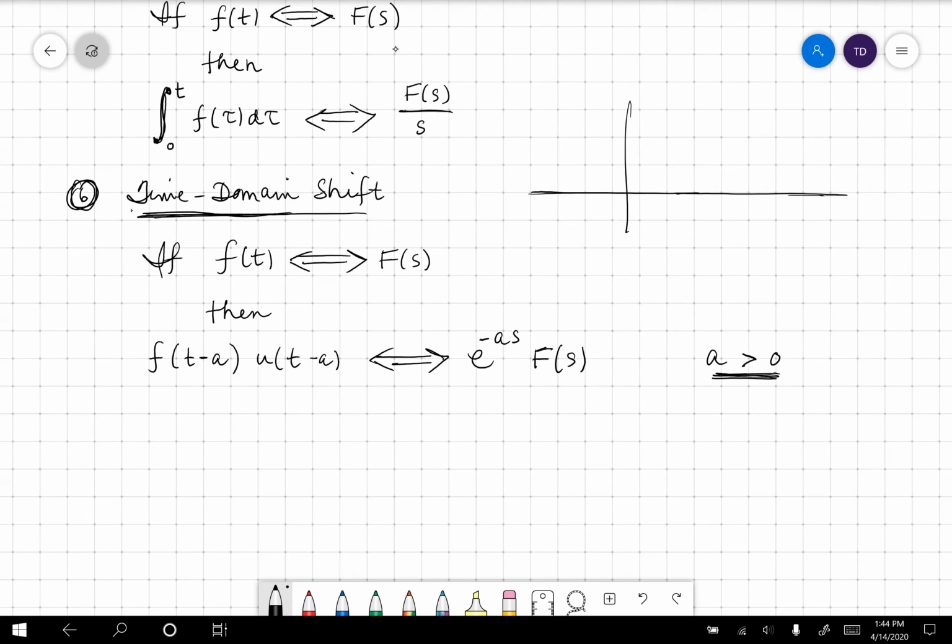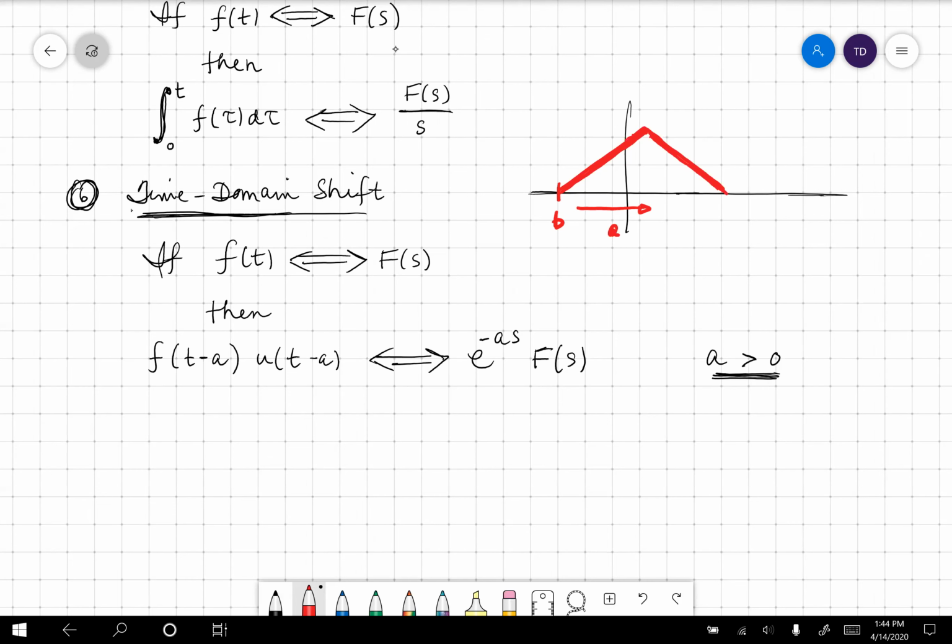So I have a certain function, and I'm going to draw it so that you can see. Now, if I shift this by a units, and let's just say this here is b, b will go in this direction by a units.